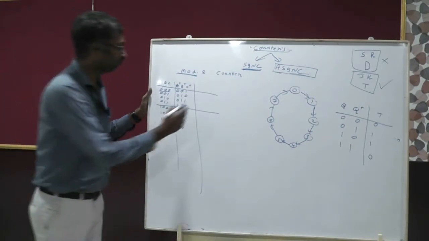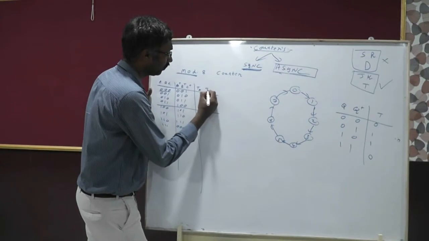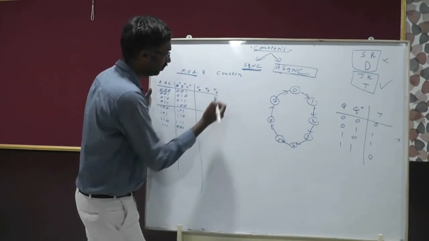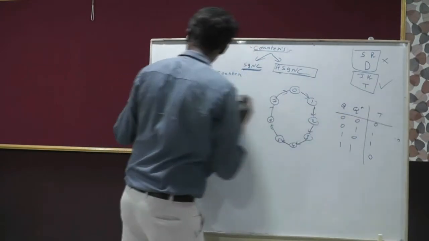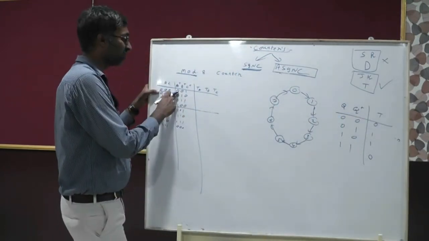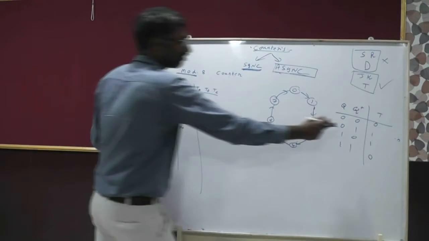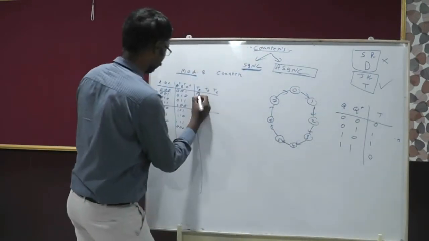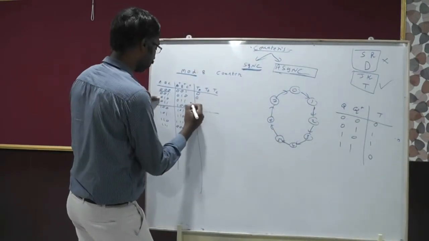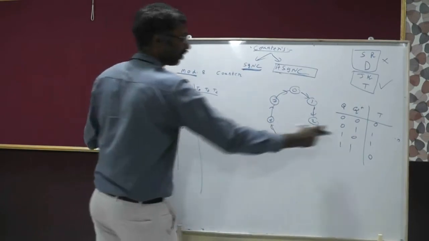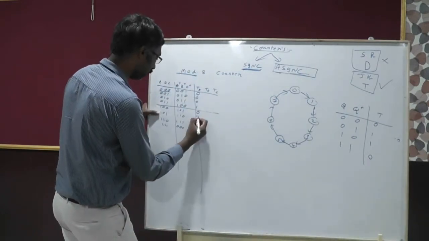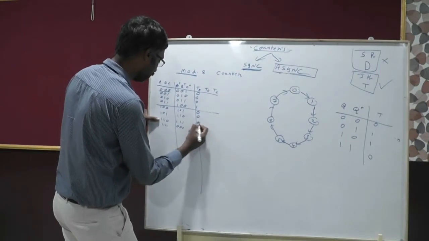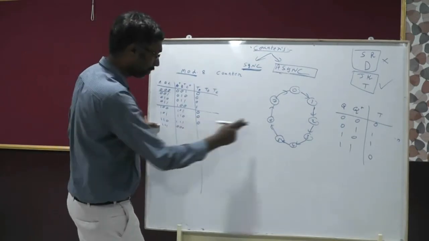Next, which flip-flop did we choose? T flip-flop. So TA, TB, TC. So how to write this? Q plus value and T. So A plus, what is the value? 0, 0, 0, 0, 0, 0, 0, 1, 1, 1, 1, 0, 1, 0, 1.